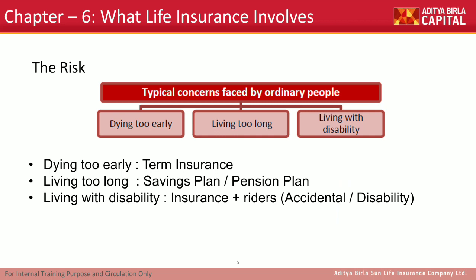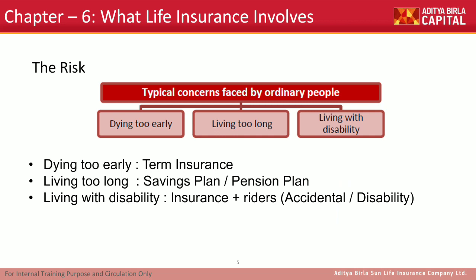Typical concerns faced by ordinary people are dying too early, living too long, living with disability. So in order to overcome the risk of dying too early, a term insurance can be used as a tool.